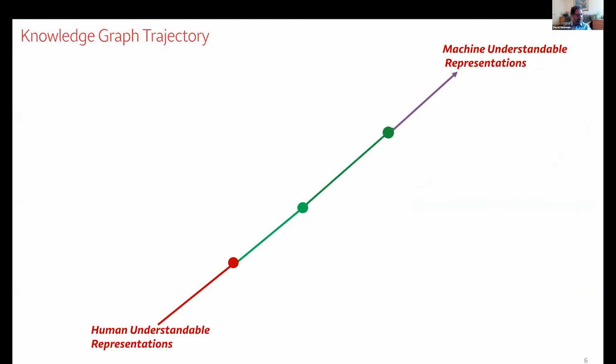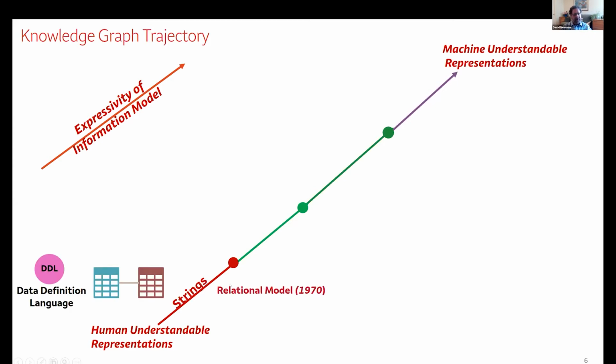So what is the knowledge graph trajectory? We move up a scale of things that humans understand to where machines understand. This also aligns with the expressivity of the information model. The more expressive your information model, the more robust it will be for you to draw connections between information.